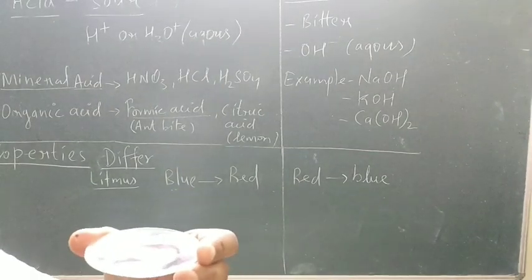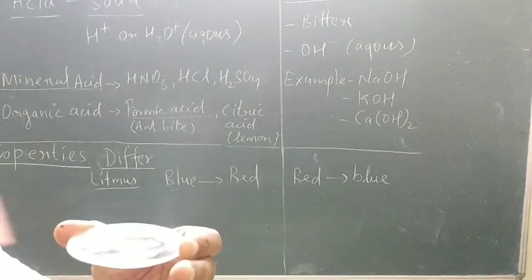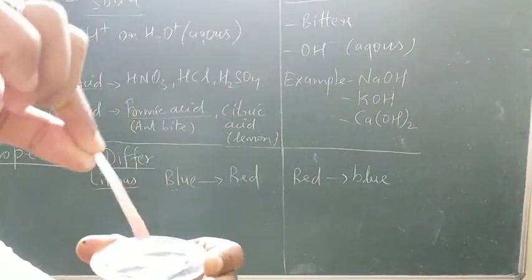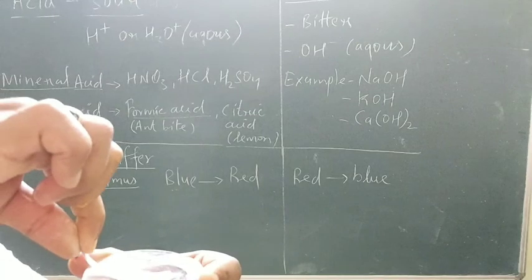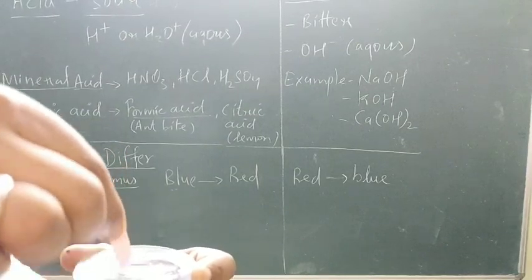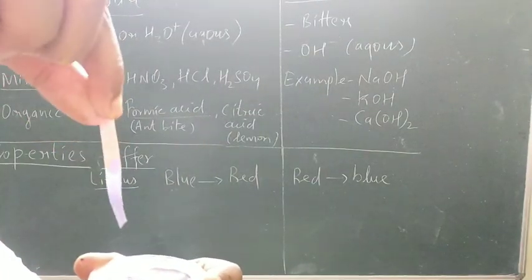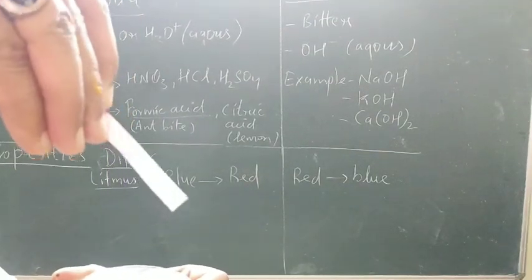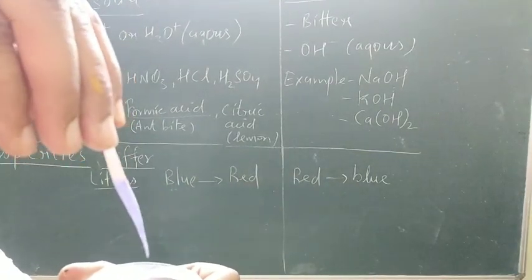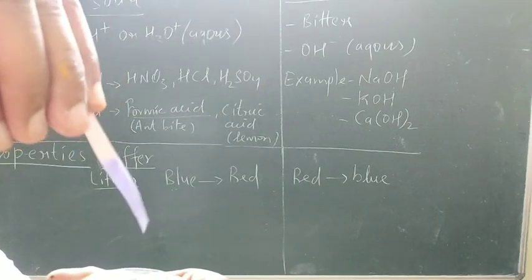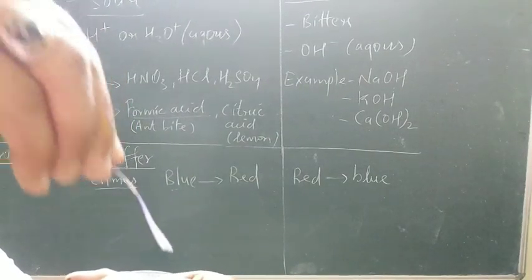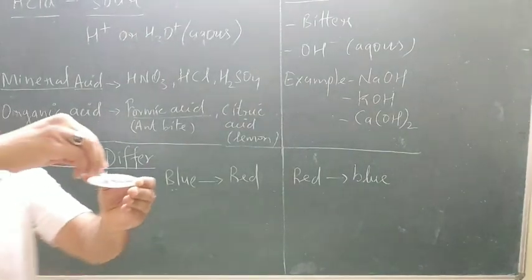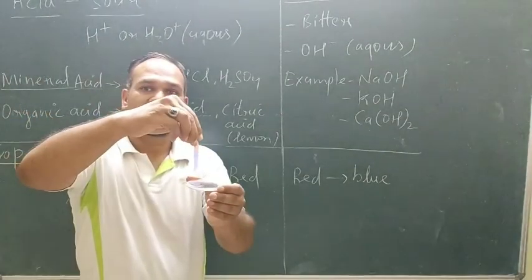Also you can see, this is red litmus, right? So here I just put it over here. Let's see the changes. Are you able to see the changes? It has now changed into blue. It is clearly visible from far.